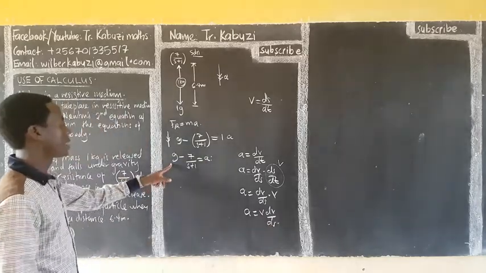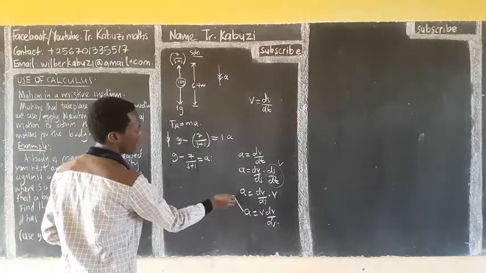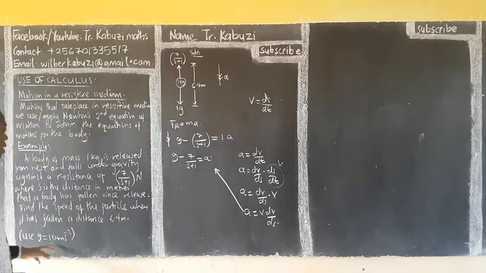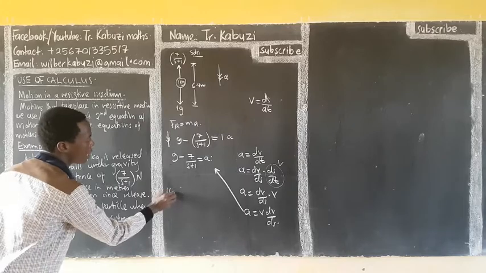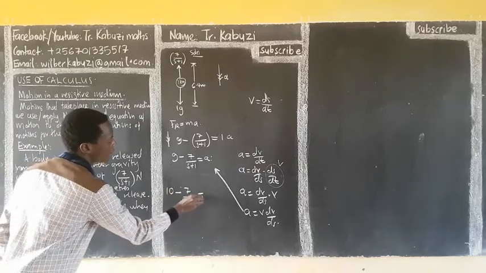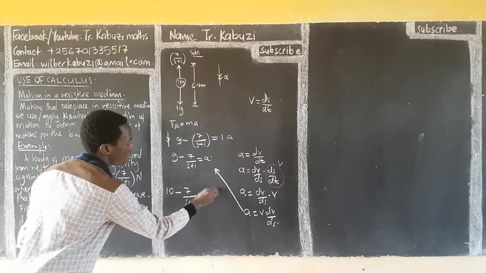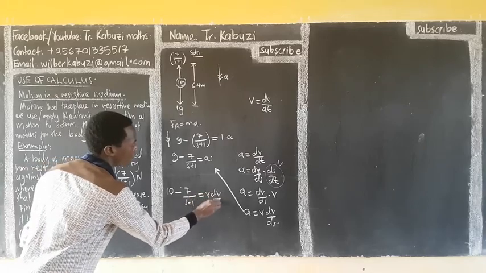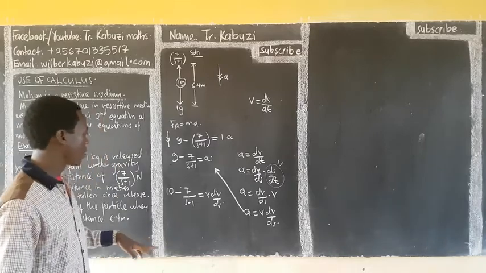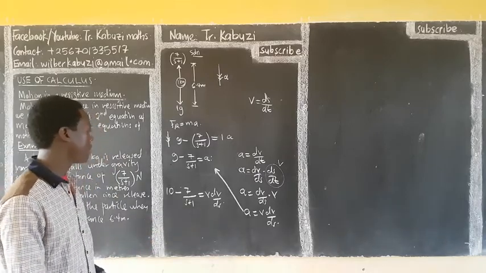Now we come and substitute. They told us that g is 10. So I have 10 minus 7 over S plus 1 equal to v dv ds. What we are going to do is separate variables.